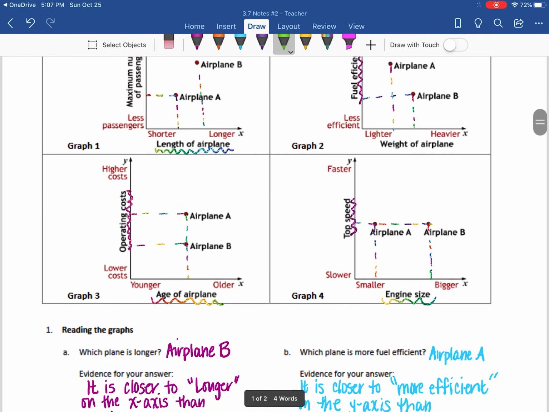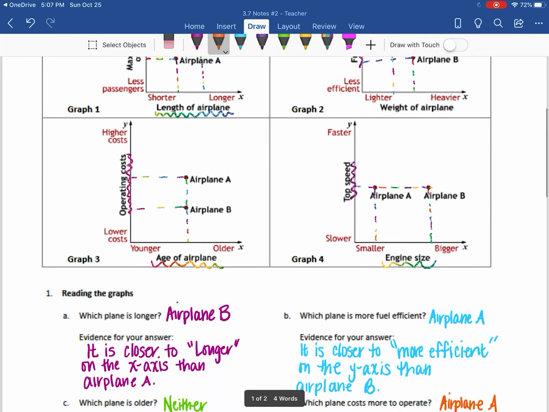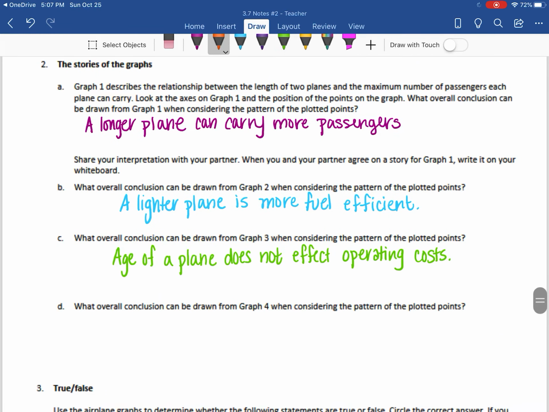Okay, and then our last graph, we are looking at top speed and engine size. And they both go the same speed regardless of their engine size. So what we can say about that is engine size does not affect top speed.